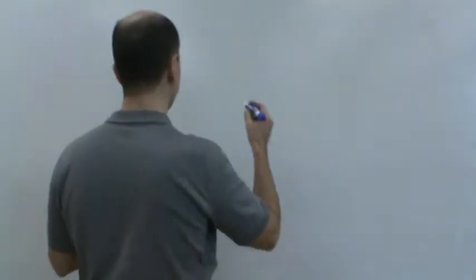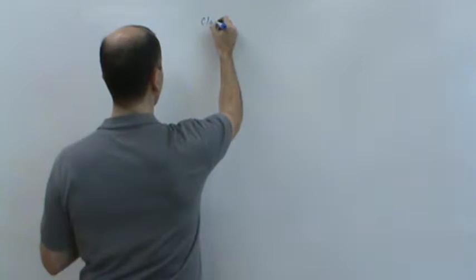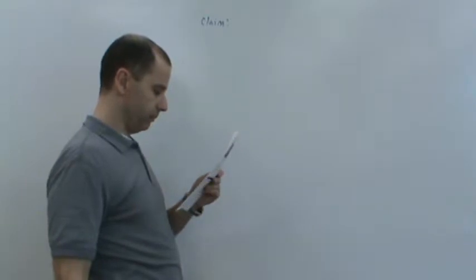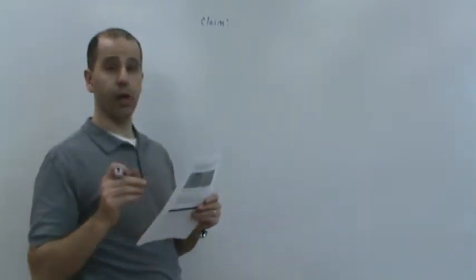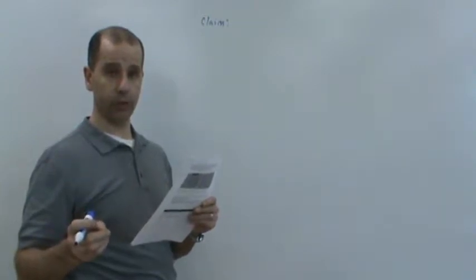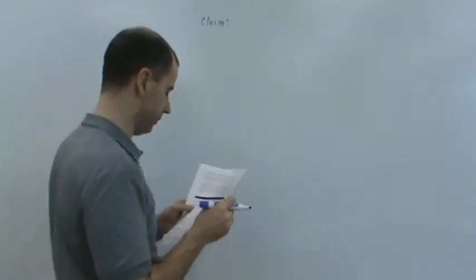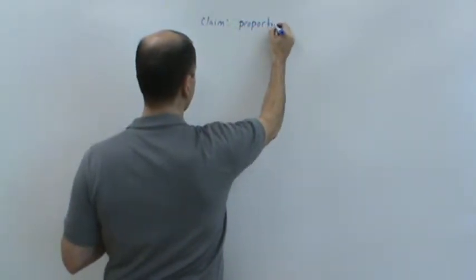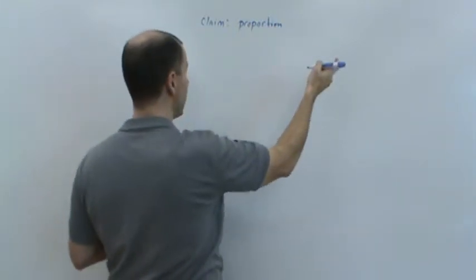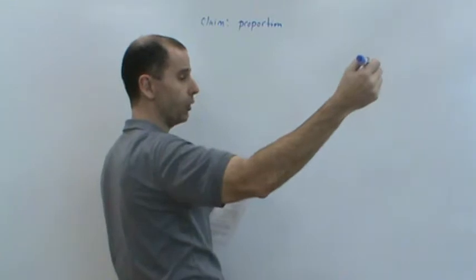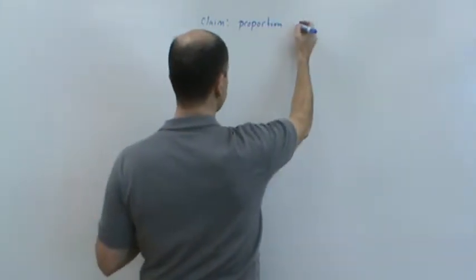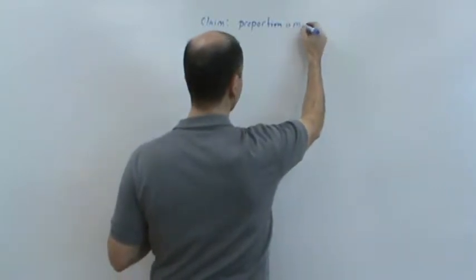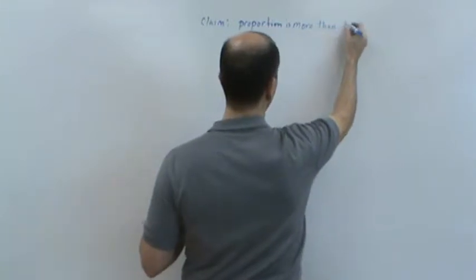Okay, so what's the claim here? The claim is that they believe the proportion of households that have 3 cell phones is greater than 30%.